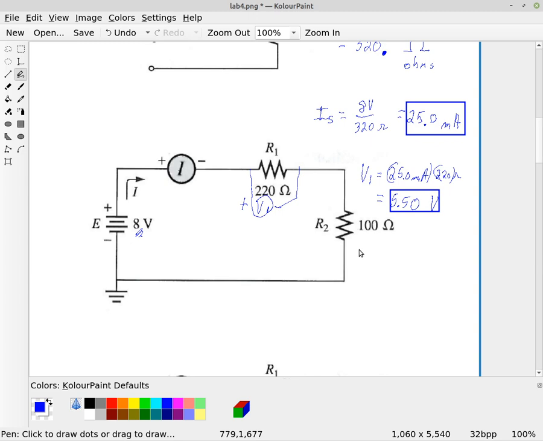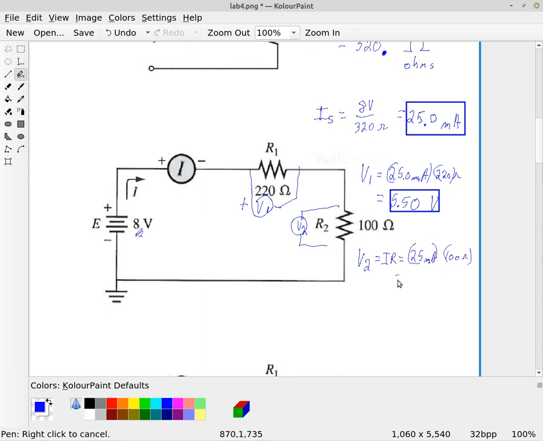Alright, and so likewise we could ask, what is the voltage V2? What is the voltage drop across R2? So for V2, again, Ohm's law is the current times the resistance, where the current was 25 milliamps and the resistance now is 100 ohms.